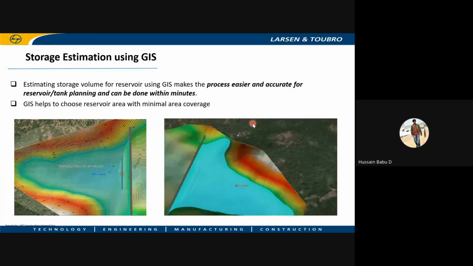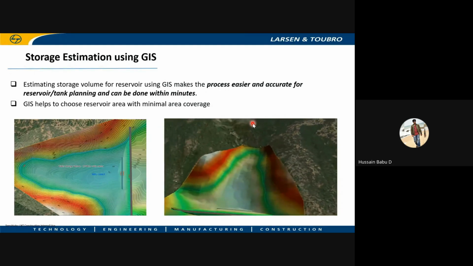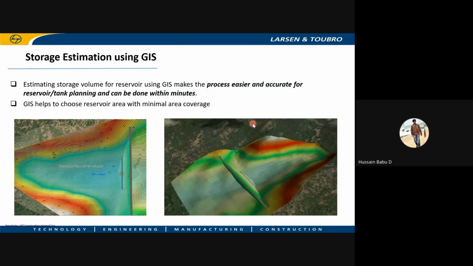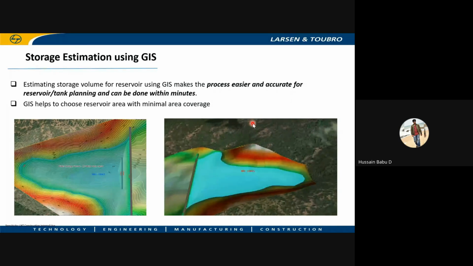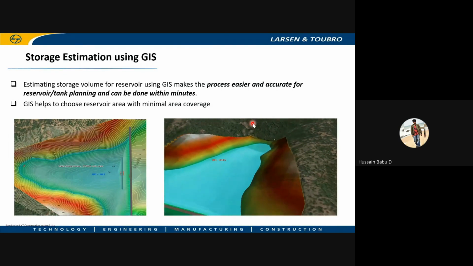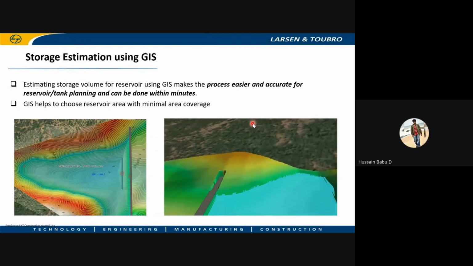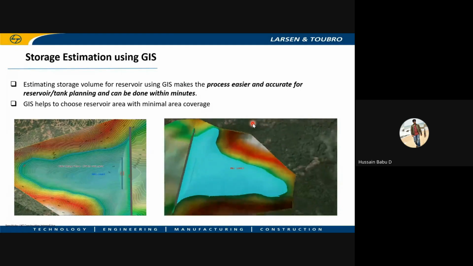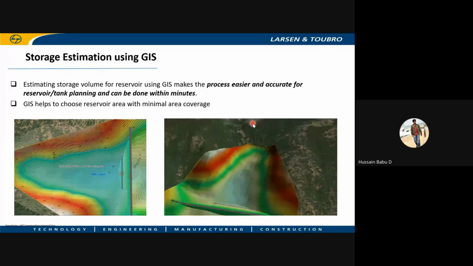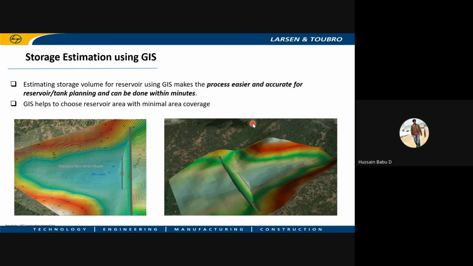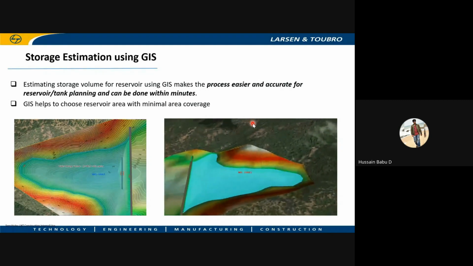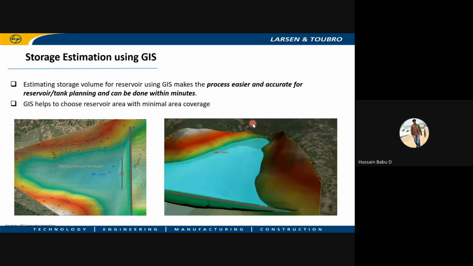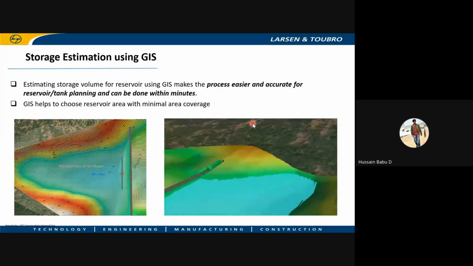And we could also visualize in 3D. We model the dams with all the terrains and imageries, and we show that to our clients and also to the ministries, so that they can easily visualize what is going to happen after the project, how much bund is required, and what the height of the bund will be.